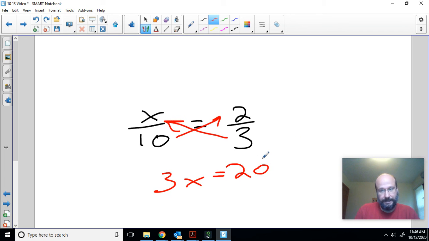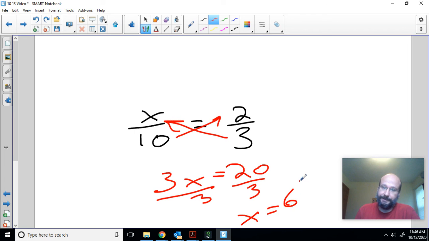And then it's just one step, which is what? Divide by 3. This one's not going to equal a whole number. So you can either have told me 6 2/3, or you can tell me 6.6 repeating. Either one of these answers was right. This is the answer as a fraction, and this is the answer as a decimal.